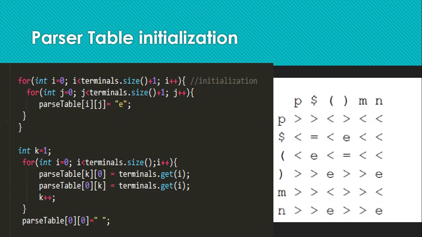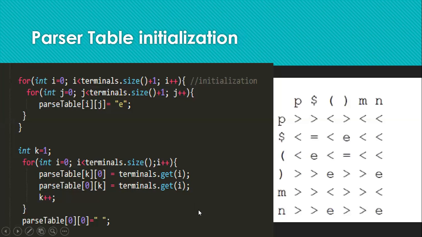So here is the parser table initialization code. On the left is the code, and on the right it is an image. It is not the output of the code, but I have attached this picture to demonstrate a visual representation. From the code you can see there are four loops, two nested loops, and we are generating the terminals on the table.